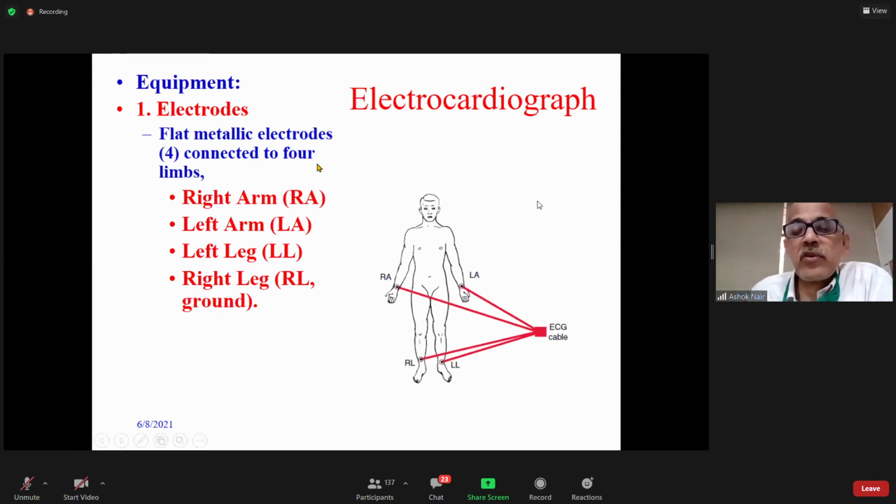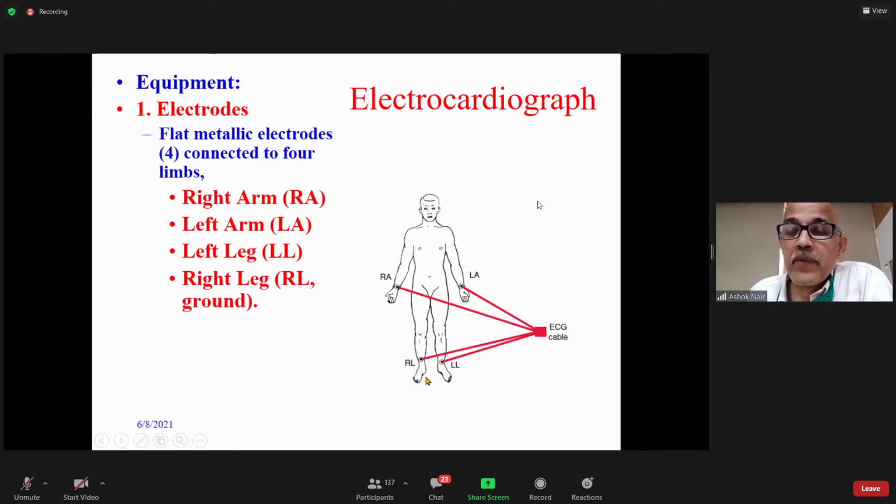So the electrodes, there are 4 electrodes. They are called limb electrodes. They are not leads, they are electrodes. They are connected to the right arm, left arm, right leg, left leg. The right leg is the ground of the individual.